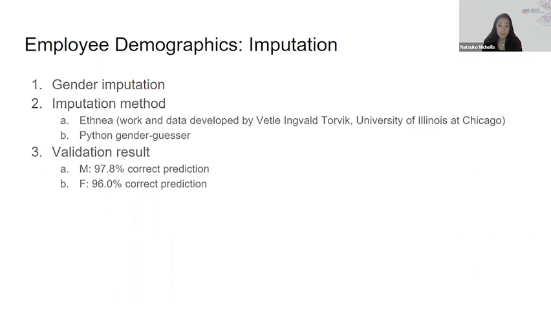leading us to believe in the validity of our existing method. For gender imputation, as before, we use a combination of Ethnea and a Python gender guesser. Ethnea is the work originally developed by Dr. Vetle Torvik, who is at the University of Illinois at Chicago.